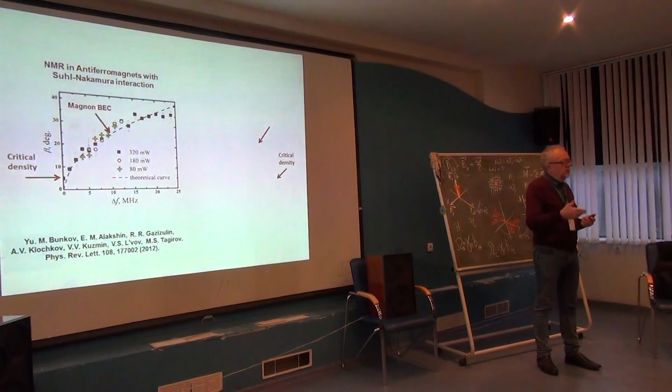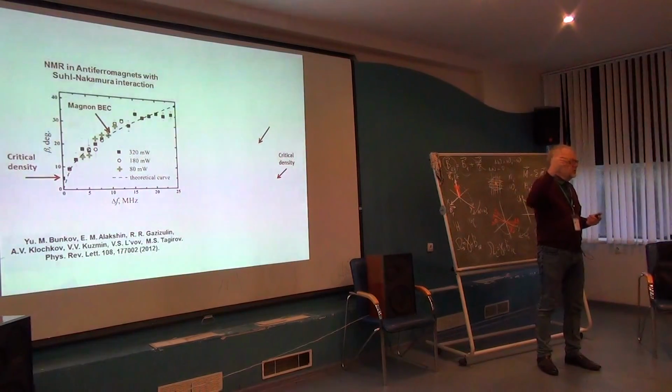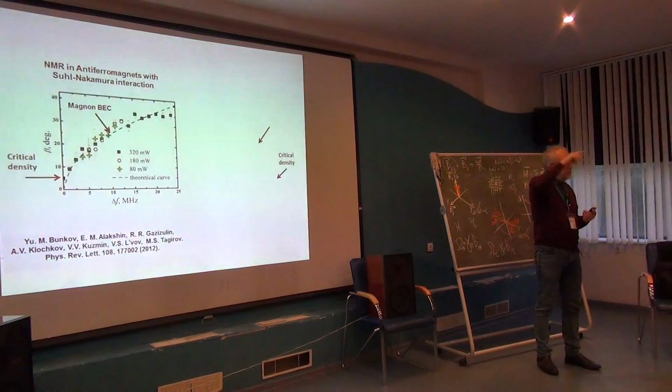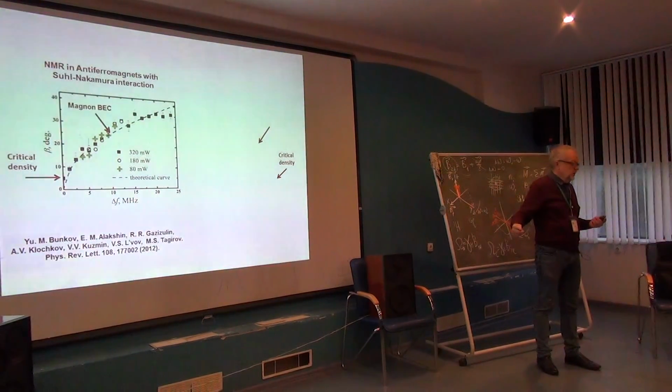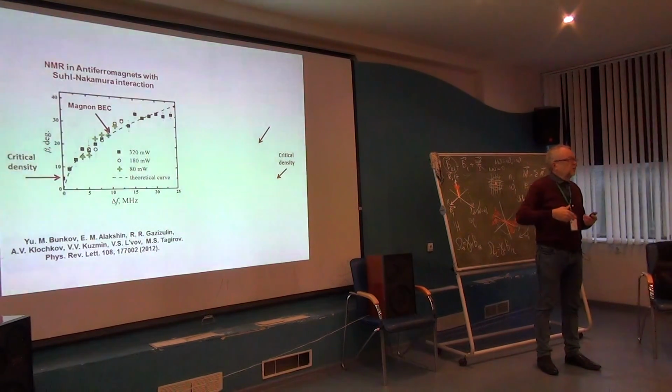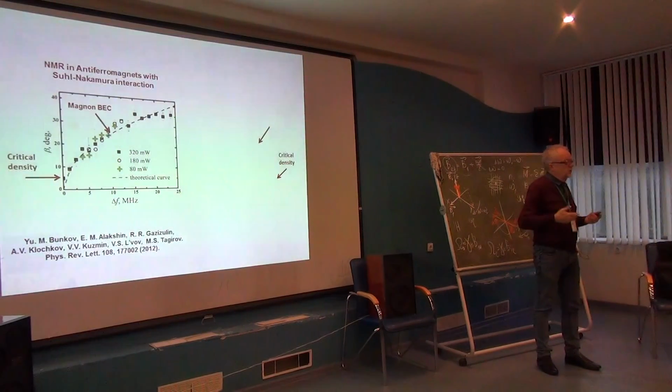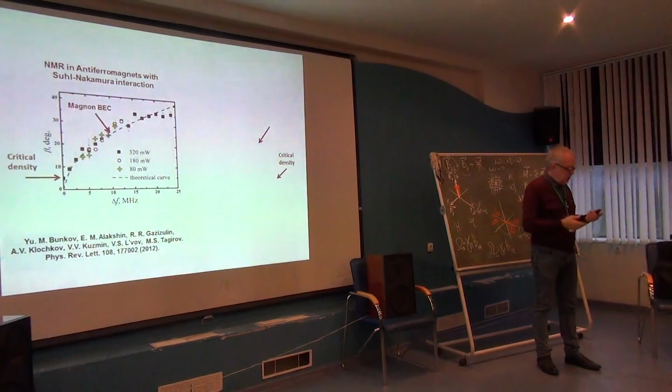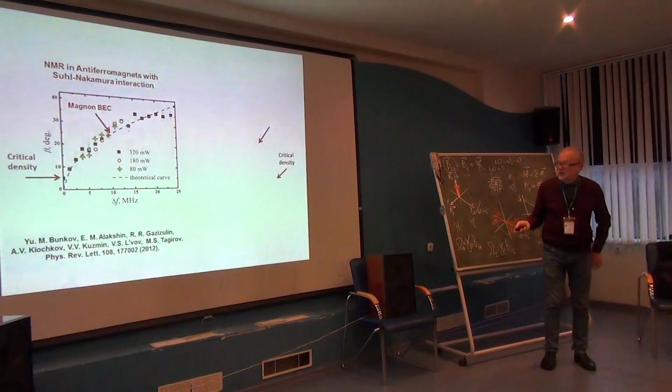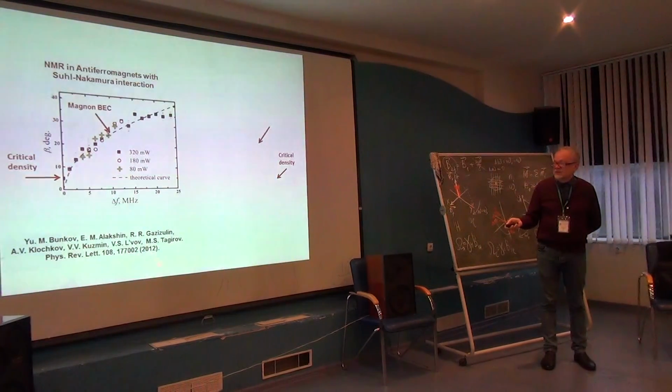So nuclear magnons interact with electrons, and as a result, electrons give the interaction between nuclear magnons. This interaction has a repulsive property, so we can create Bose condensation, and it was successfully done in 2012 in Kazan University.